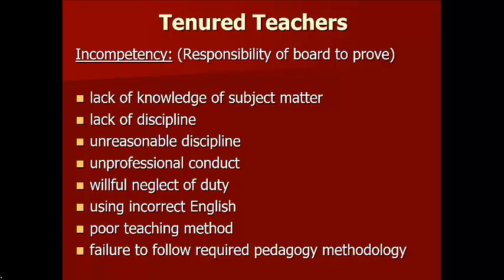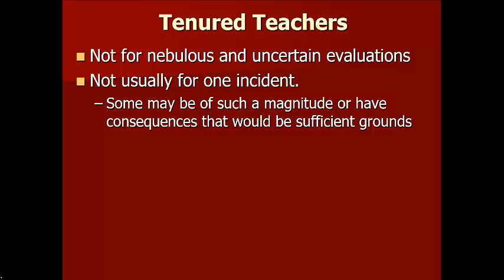Poor teaching methods and failure to follow required pedagogy methodology. Those are all areas that fall under incompetency, and it doesn't have to be all of them. It can be one. And if you do it over a period of time, and we're going to see that in Oklahoma, we're going to help teachers try to improve, but if they ultimately don't improve, then we can get rid of them for incompetency.